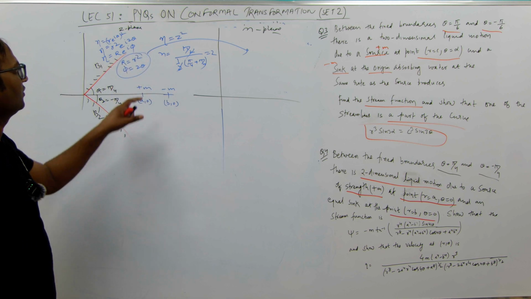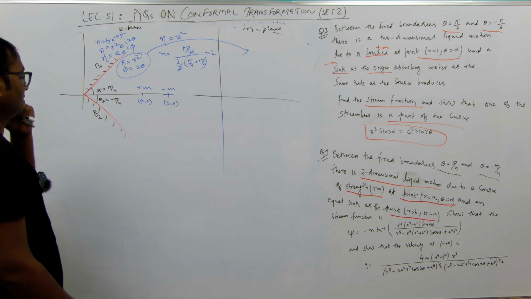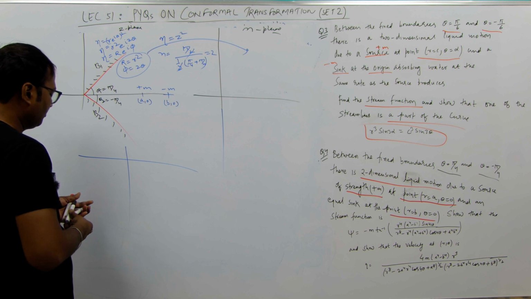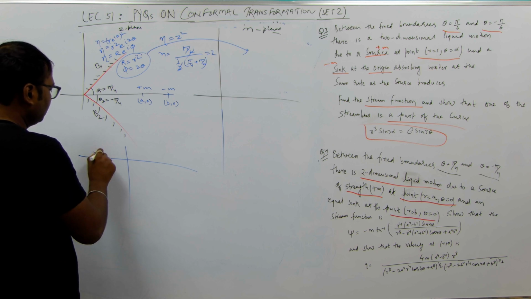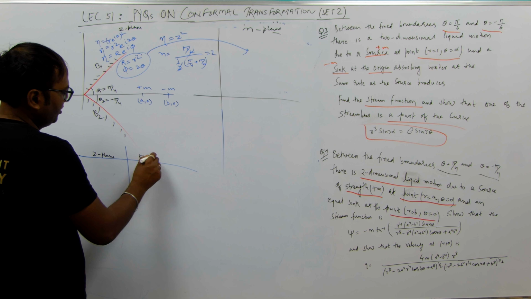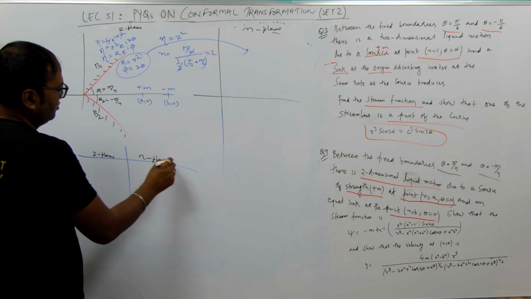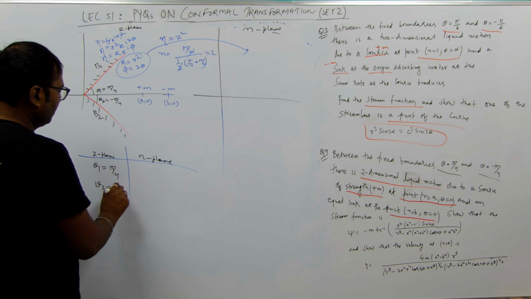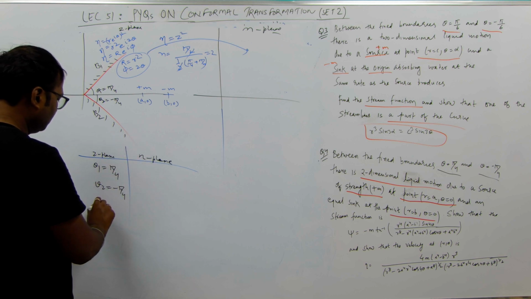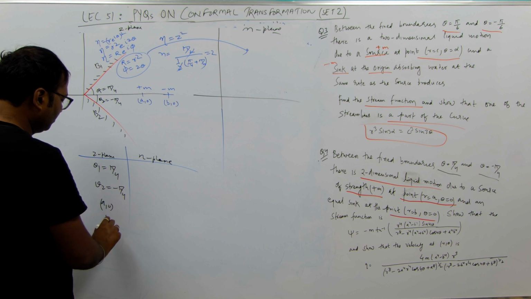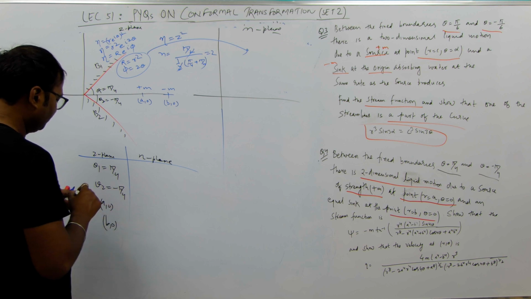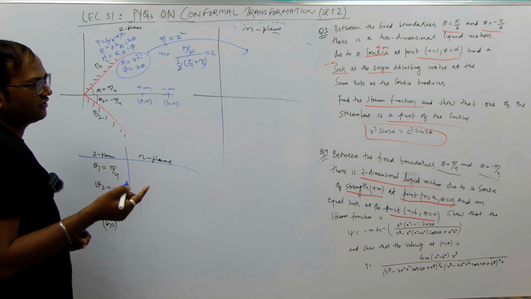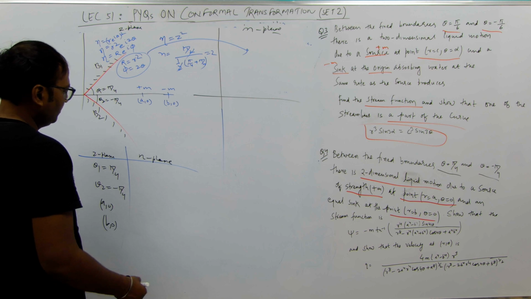Clear? So let us construct the transformation table. We have the z plane and the eta plane. In the z plane, theta 1 is equal to pi by 4, theta 2 is equal to minus pi by 4, and the coordinates are a comma 0 and b comma 0. So we have phi 1, which is the angle of inclination of boundary 1 in the eta plane with respect to the horizontal.